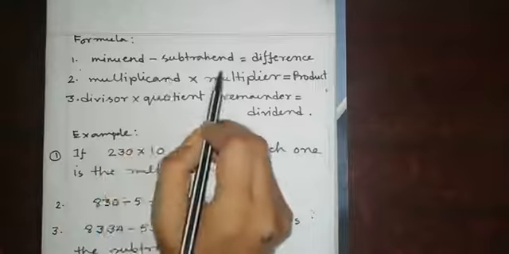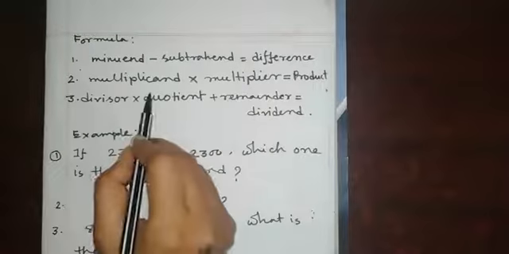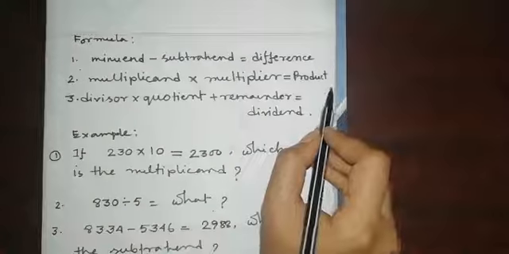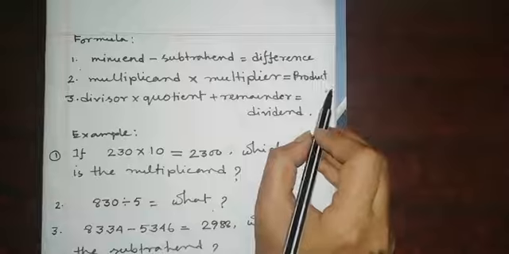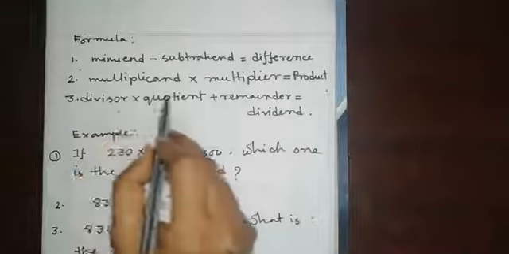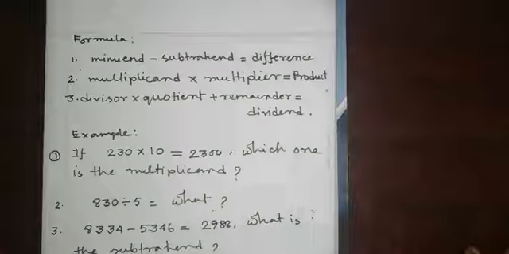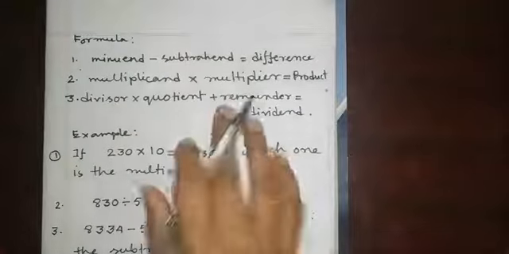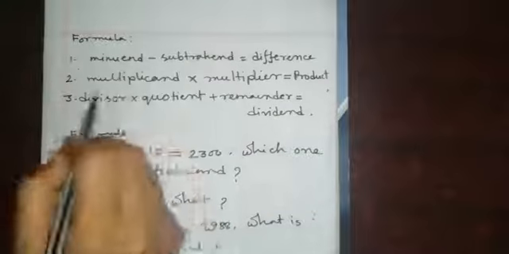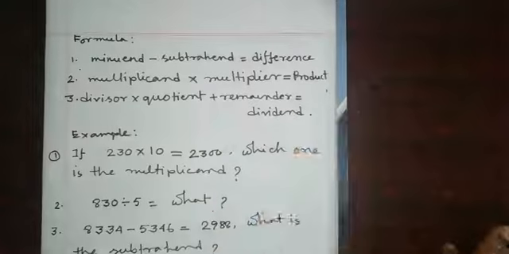The second one, multiplicand into multiplier equal to product. When we do multiplication, we need to follow this formula. The number we multiply with is called the multiplier, and the number we multiply is called the multiplicand, and when we multiply these two numbers we get the product, isn't it?